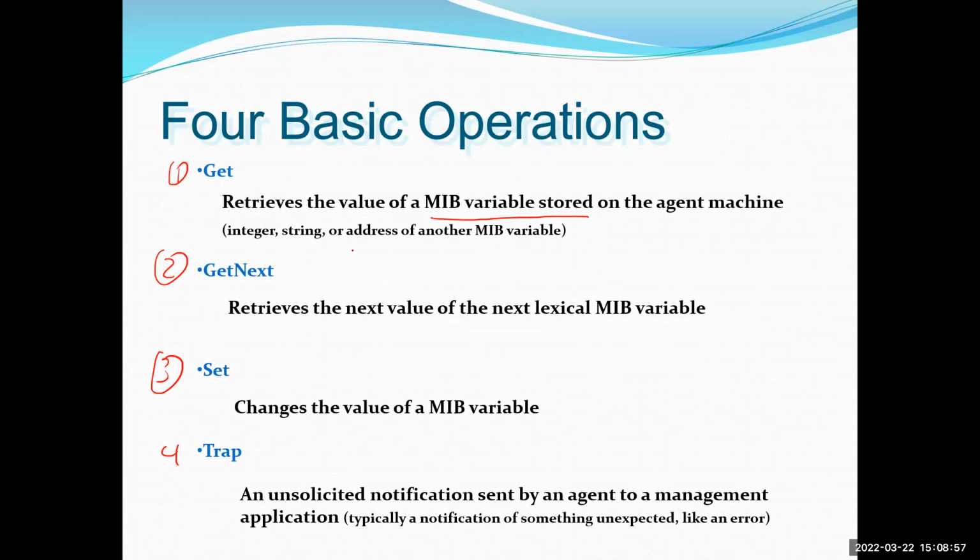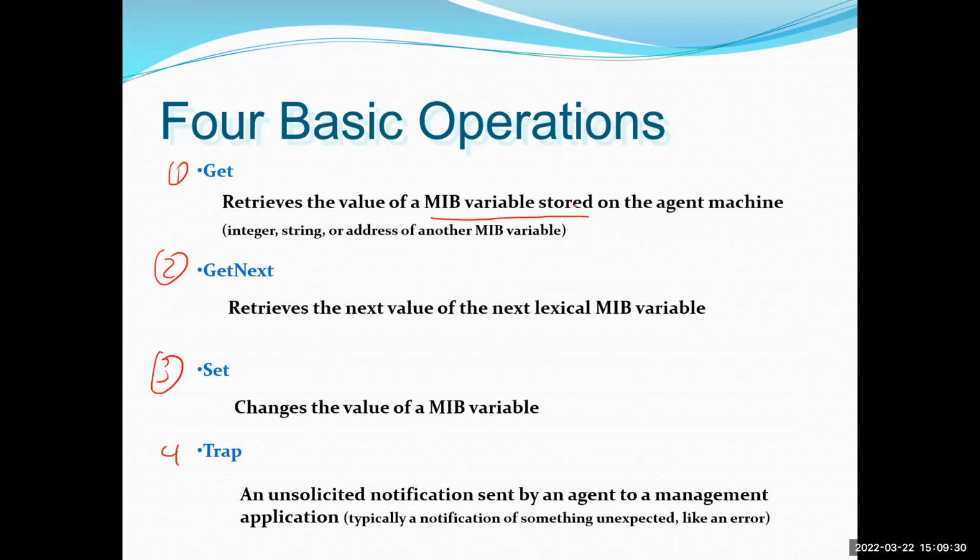And this can be either an integer, a string, an address, or another MIB variable. All right, so we've got the get request.